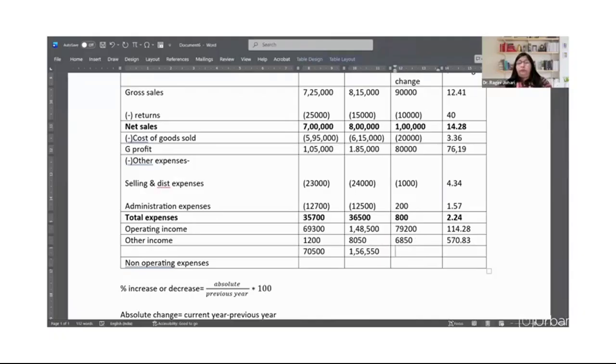Now, again, for this also, we need to find the absolute change and percentage change. So absolute change here will be 86,050. And percentage change is 122.05.